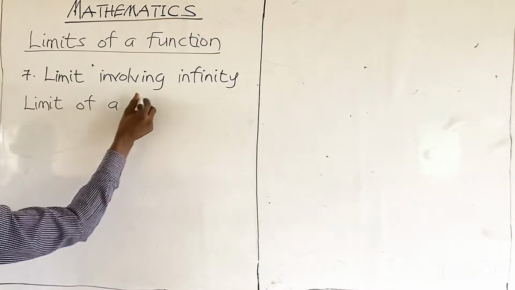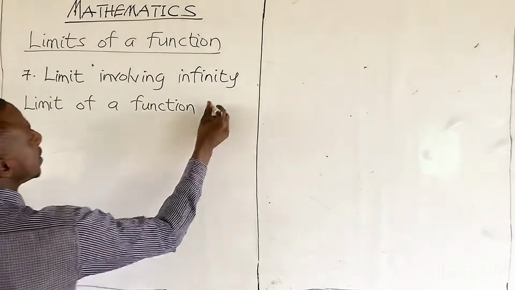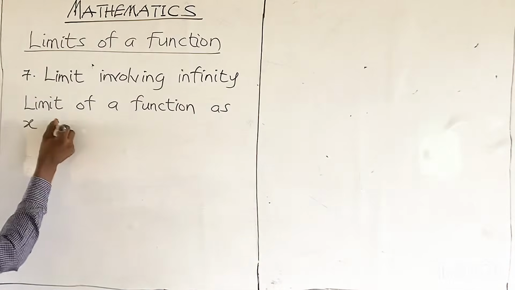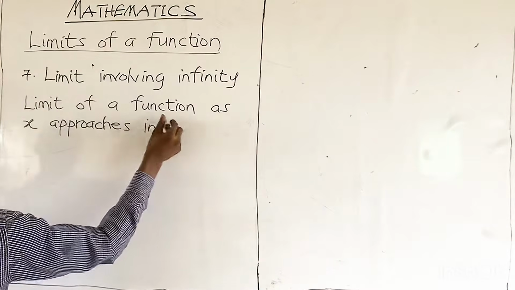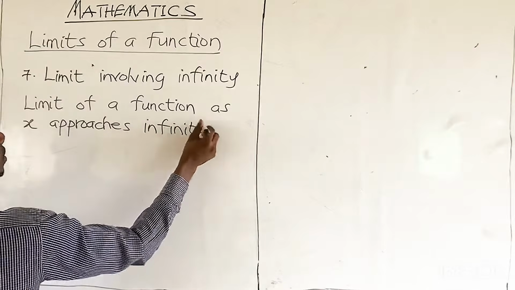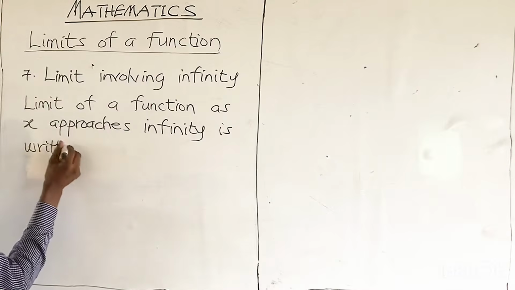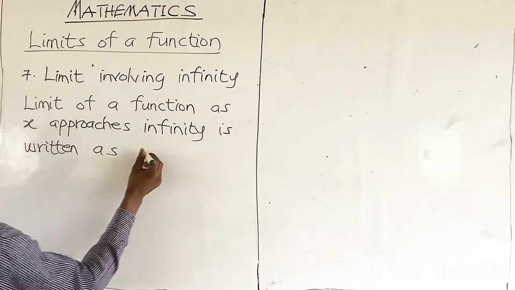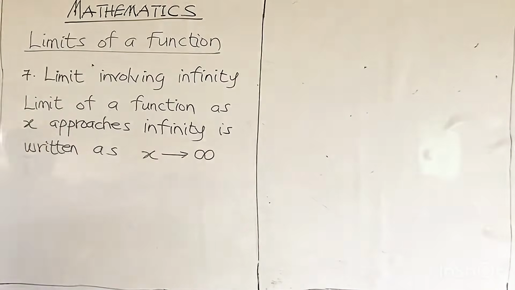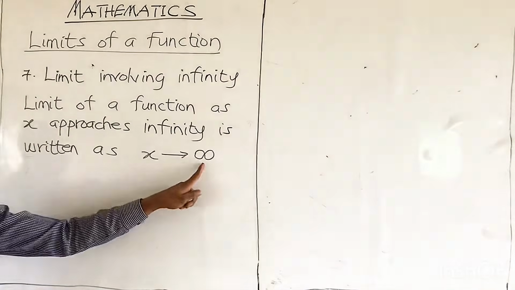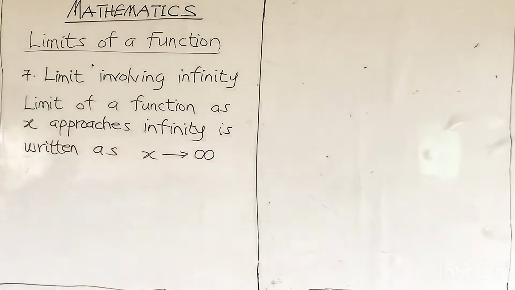The limit of a function as x approaches infinity is written as x with an arrow, then you bring the infinity sign. This is the infinity sign, and that is x approaches infinity.